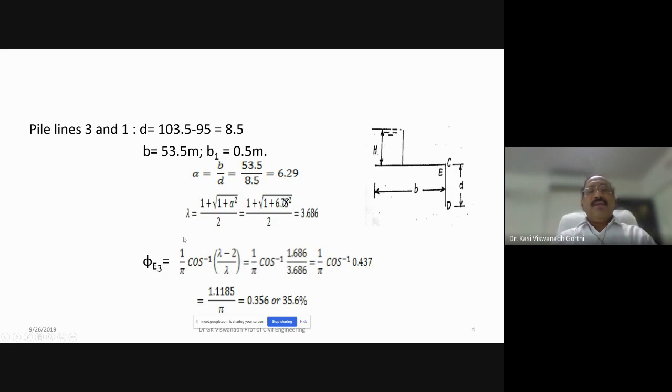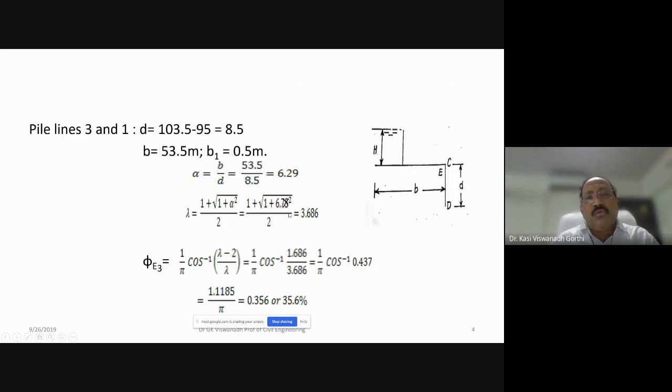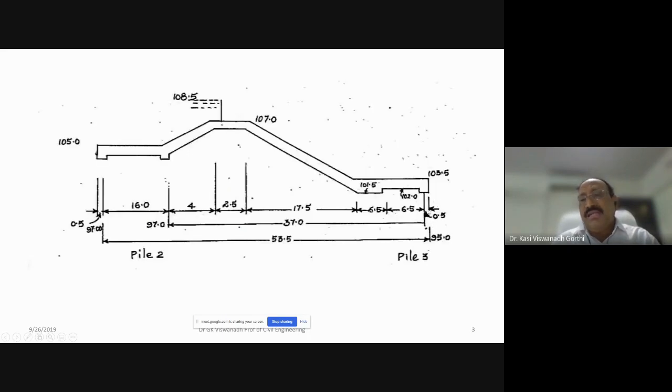To get lambda, we use the formula lambda equals (1 plus square root of (1 plus alpha squared)) by 2, where alpha is B by D. D is the depth of cutoff and B is the total length of the horizontal floor. From the figure, the length of the horizontal floor between the two cutoffs is 53.5, divided by D, the depth of this end sheet pile.